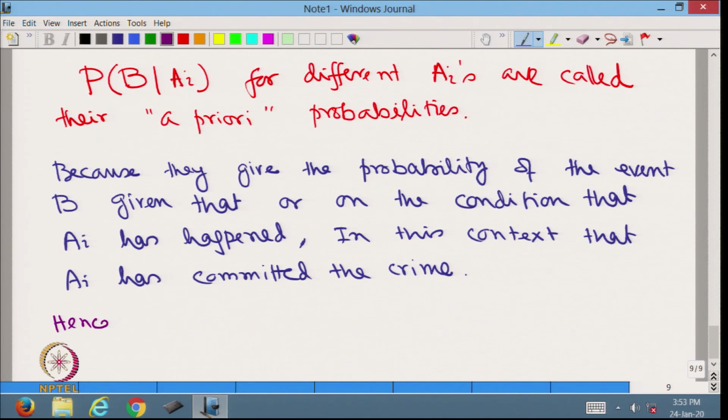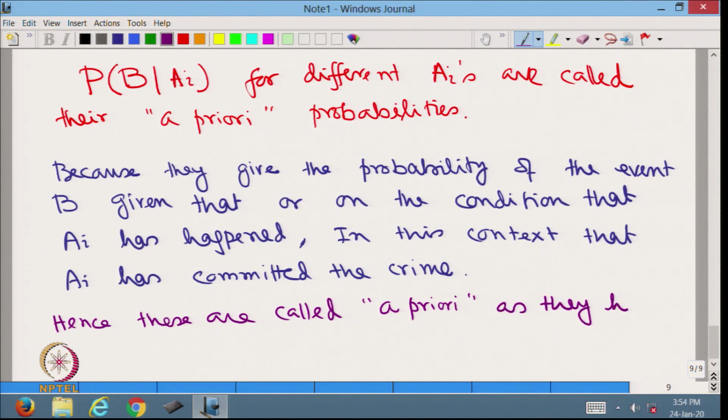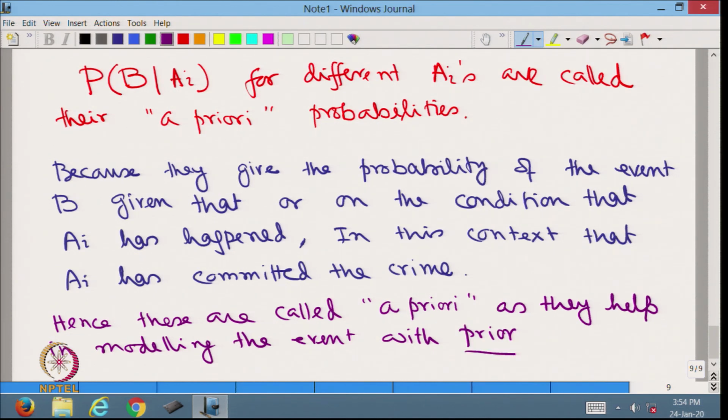Hence, these are called a priori as they help in modeling the event with prior knowledge, that is knowledge that we have before the event that has happened.